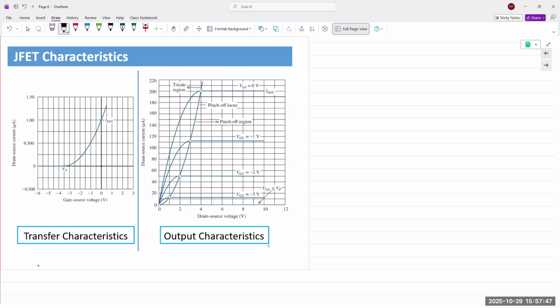On the input side, and we will look at this in detail after we look at the operation on Friday, you have gate source voltage, VGS. On the output side, you have drain current ID.